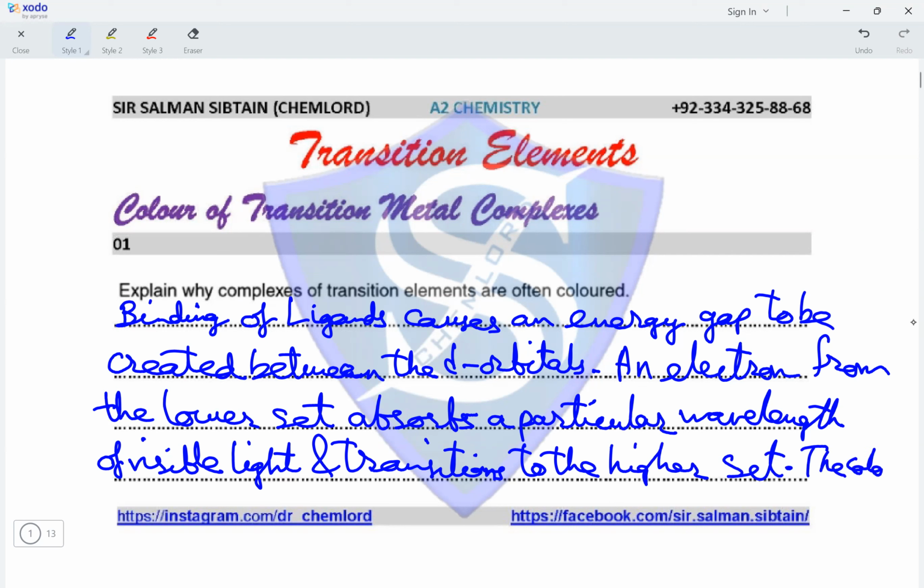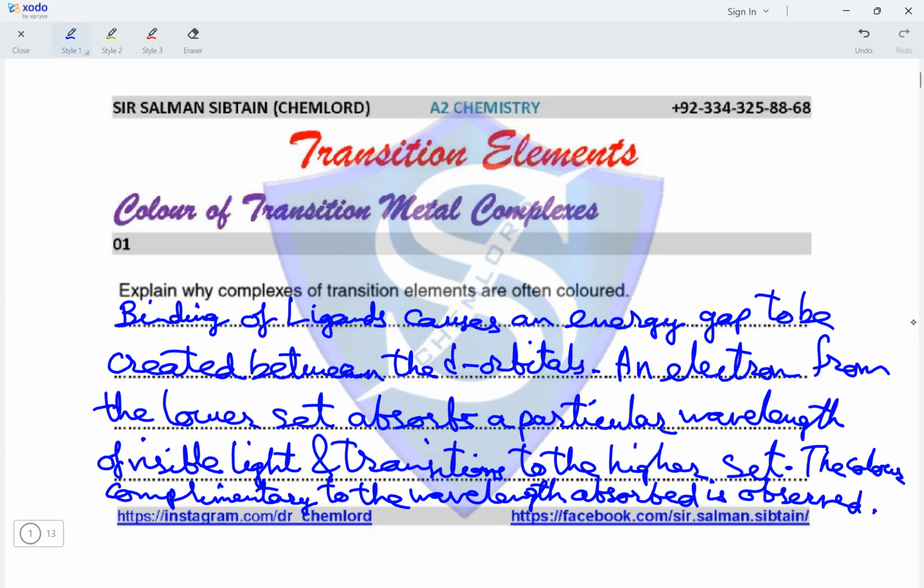The color complementary to the wavelength absorbed is observed.